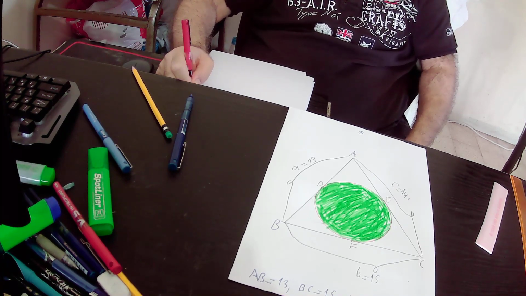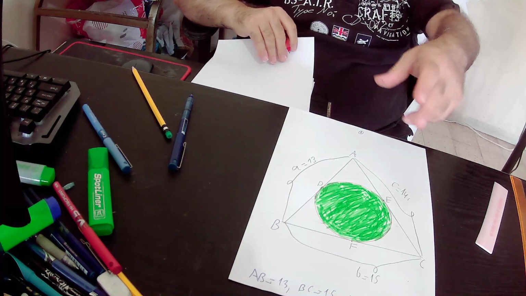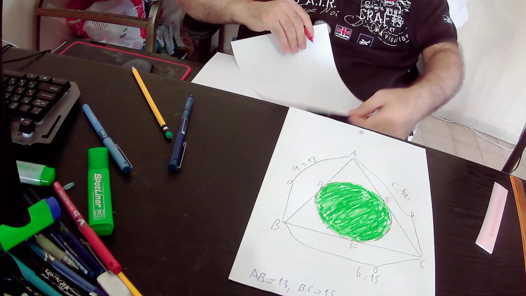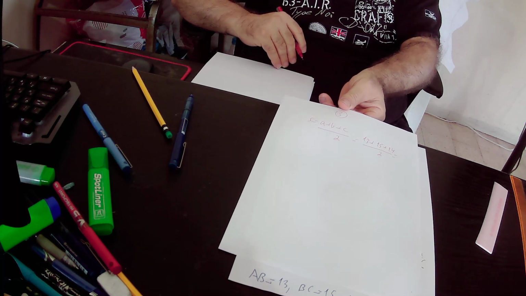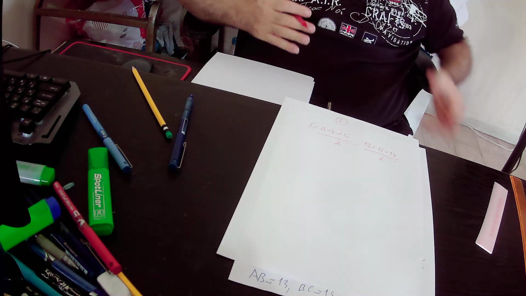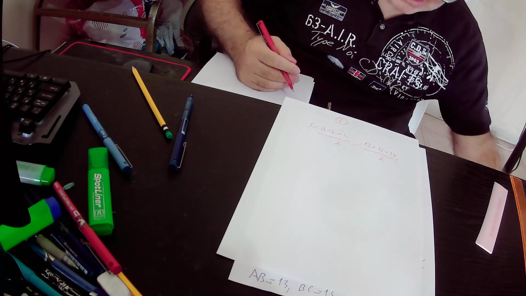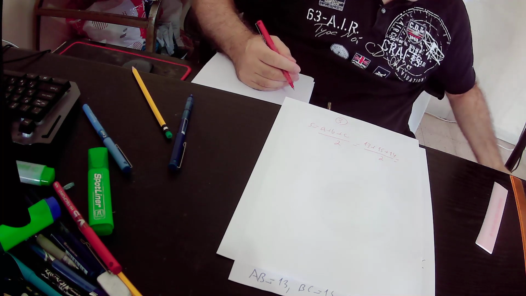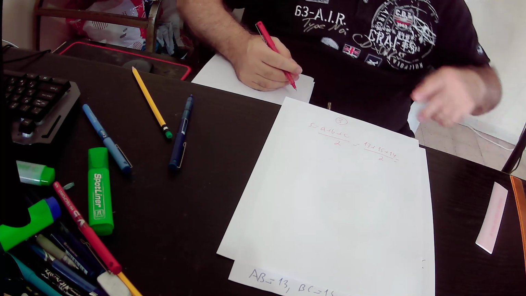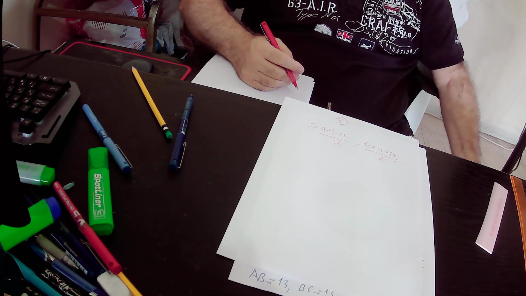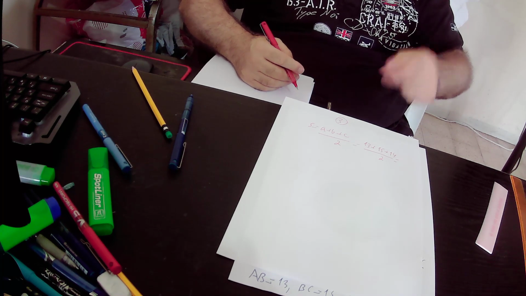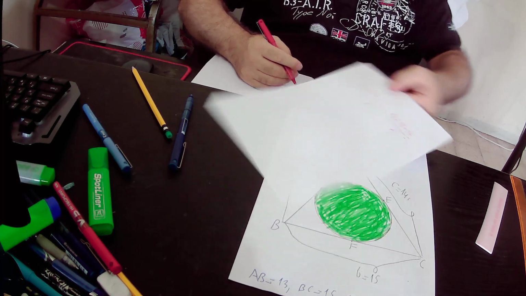Okay, so the semi-perimeter of our triangle ABC equals 13 plus 15 plus 14 over 2. 13 plus 15 is 28, and 28 plus 14 is 42, and 42 over 2 is 21.